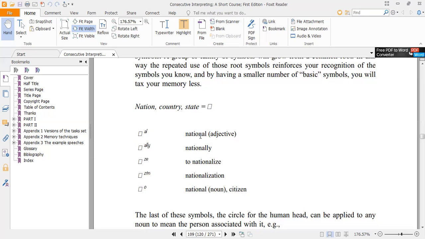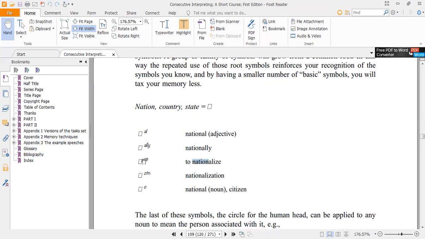Now, nationality. It consists of national as a stem, then ality. The square refers to the national, the stem, and we can take ali above the square.